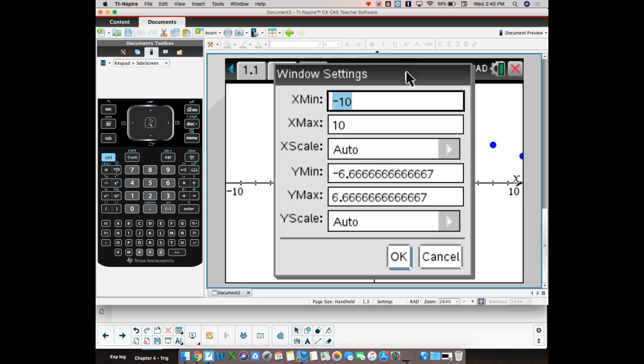We don't need X minimum, or we don't need negatives, right? But I like to see my axes, so I'm going to go to -2. How far out should I go? So we're only going to 5 a.m.? Let's go out to 25.